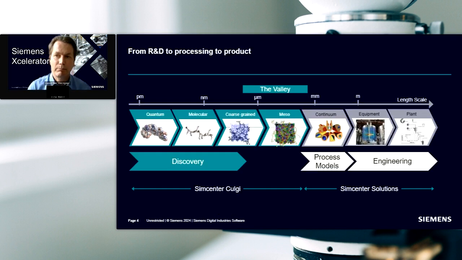So if you then place that into a more, let's say, model-based approach, you see on the left the very small scales. So that's typically where you have some sort of quantum chemistry package. There are plenty out there that you can use. And then you slowly go into the molecular scale models where you have atoms interacting via simplified potentials.